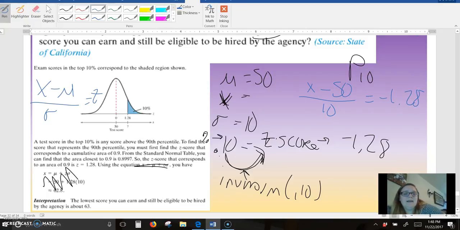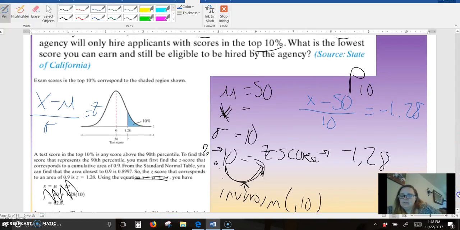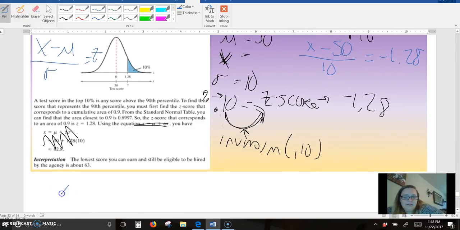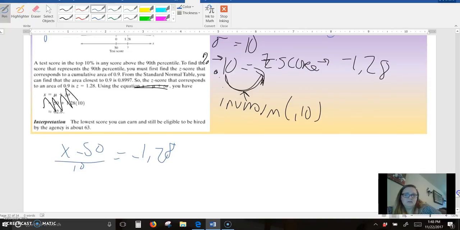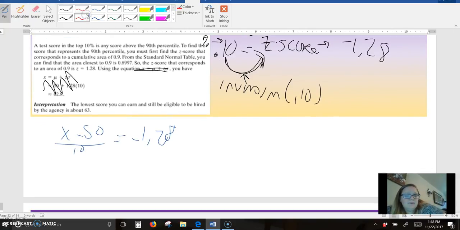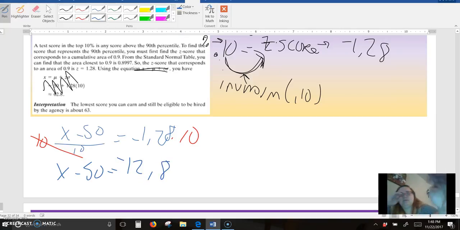I'm going to multiply by 10 on both sides because I want those to cancel. I get x minus 50 equals negative 12.8. I'm going to add 50 to both sides, so I get x equals 37.2.